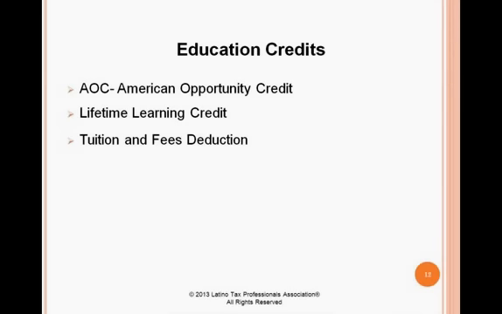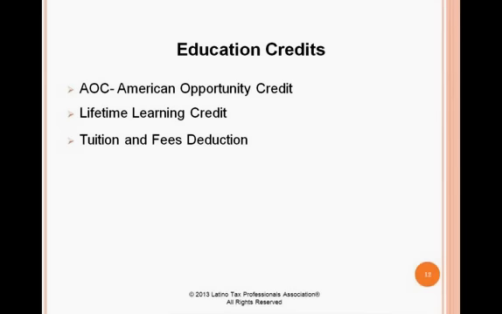That's the advantage of that one. It's only 20% up to a maximum benefit or credit of $2,000. It is only non-refundable, no refundable portion, but it is another option for education credits.